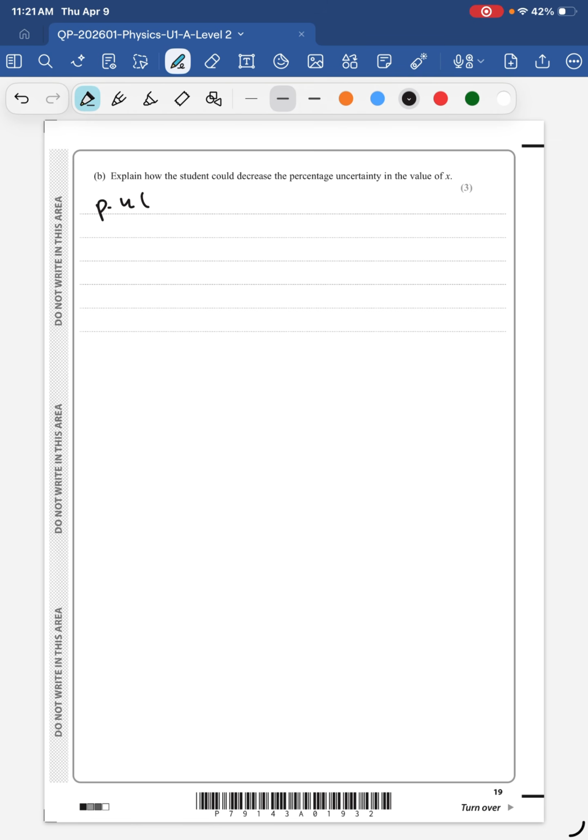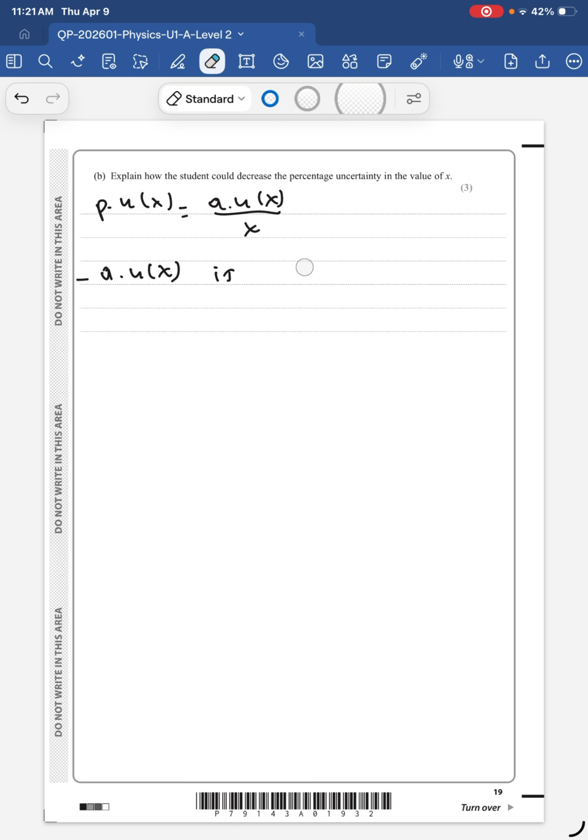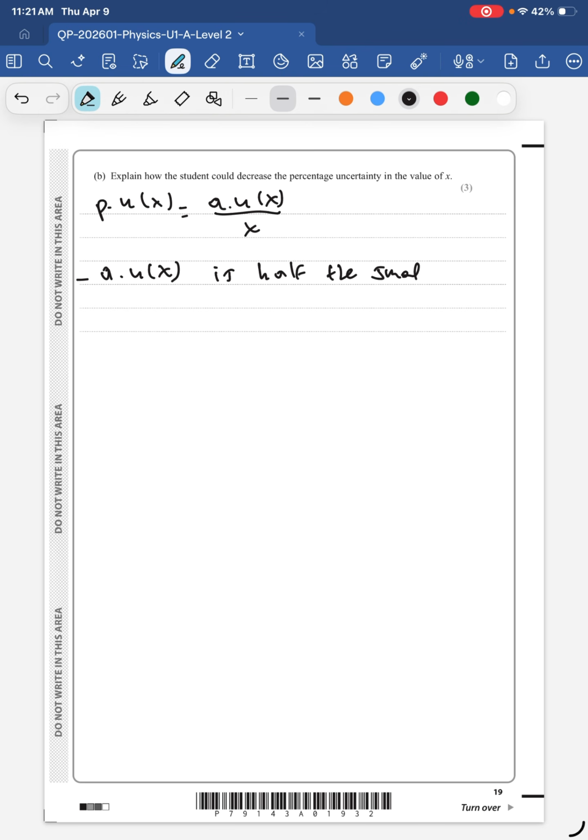First of all, the percentage uncertainty in x is equal to the absolute uncertainty in x over x. Okay, so the absolute uncertainty in x is half the smallest deviation of the ruler. So it doesn't change easily.